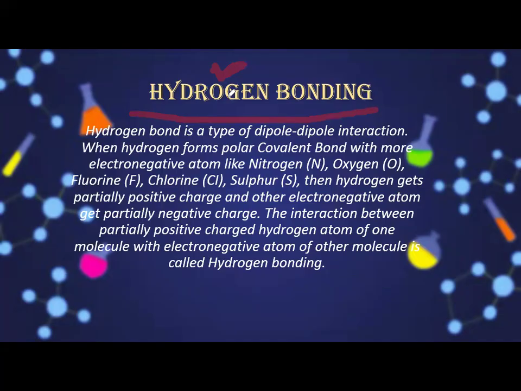Basically, it is a kind of dipole-dipole interaction, but it forms with the help of the hydrogen element. So when hydrogen forms a polar covalent bond with a more electronegative element like nitrogen, oxygen, fluorine, chlorine, sulfur, the type of bond that forms between these electronegative elements and the hydrogen atom is called hydrogen bonding.